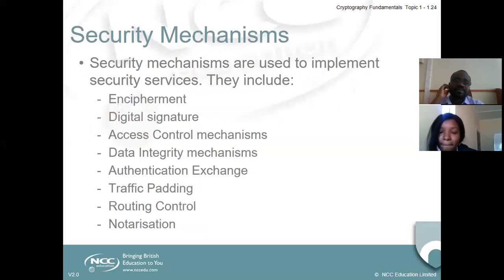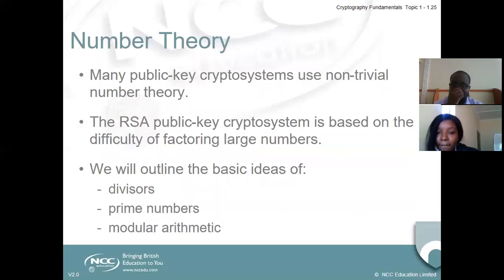Then security mechanisms. Security mechanisms are used to implement security services. They include encipherment, digital signature, access control mechanisms, data integrity mechanisms, authentication exchange, traffic padding, routing control, and notarization.